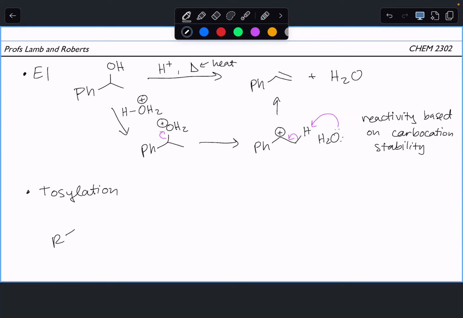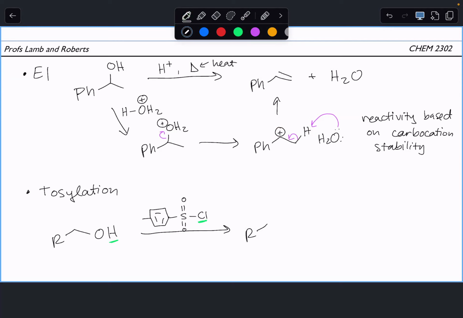So here, again, we have an alcohol. You react with a reagent called tosyl chloride, which is kind of a weird looking reagent. But essentially what happens is that you take the proton from the alcohol and the chloride from the tosyl chloride to make HCl, and you put the other things together.